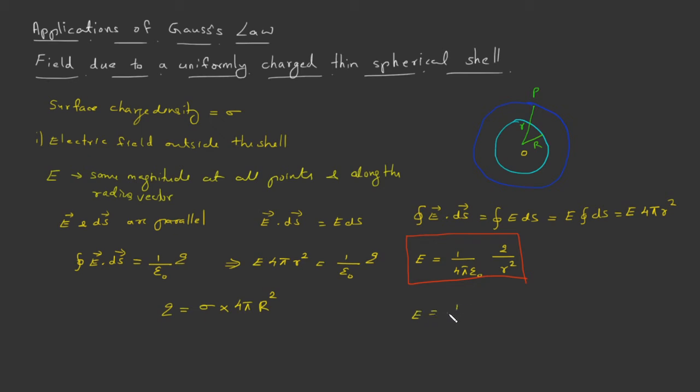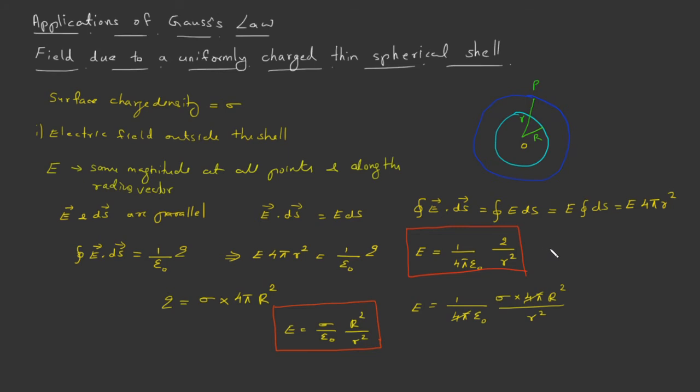E is equal to 1 by 4 pi epsilon 0 into sigma into 4 pi R square divided by r square. 4 pi will cancel off and we will get E is equal to sigma by epsilon 0 into R square by small r square. So this is the equation for electric field outside a uniformly charged spherical shell.